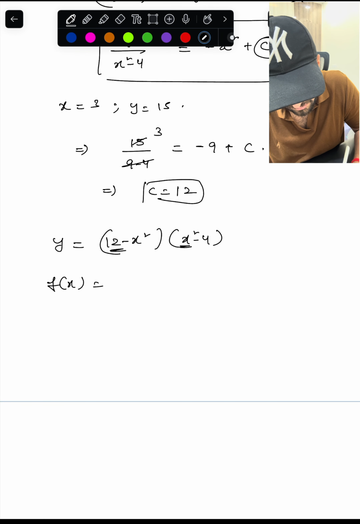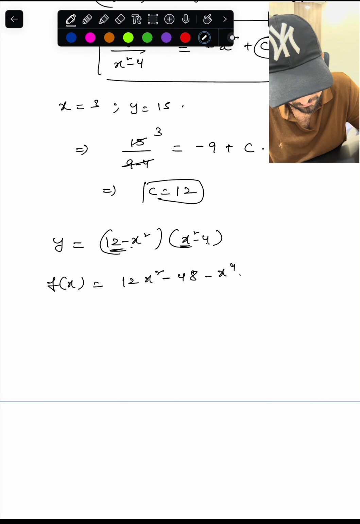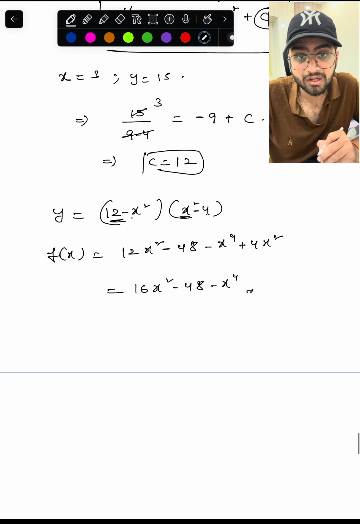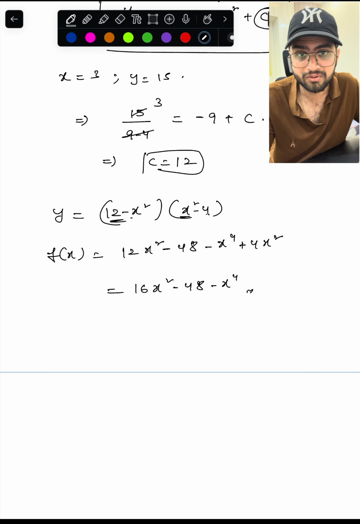Just try to expand it: 12x² − 48 − x⁴ + 4x². So you will end up with 16x² − 48 − x⁴. This is our f(x). For finding local maximum and local minimum, we need to differentiate it.